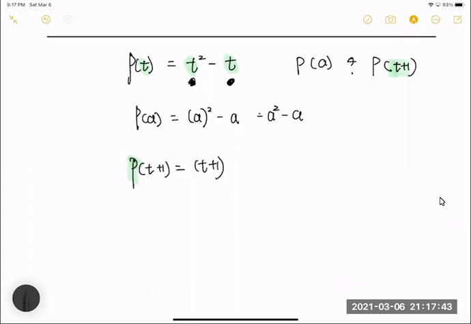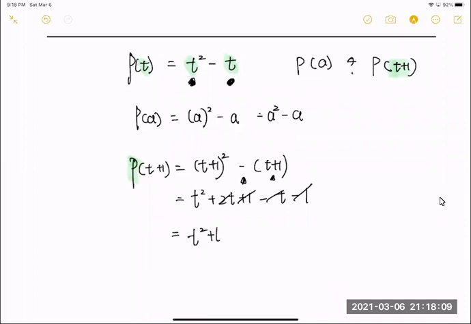So with t plus 1, again, don't forget the parentheses, minus t plus 1. Well, this is a perfect square trinomial. So I have t squared plus 2t plus 1 minus t minus 1. Don't forget the negative sign is going to change the signs inside the parentheses. We simplify it, so I have t squared plus t. So this equals t times t plus 1.